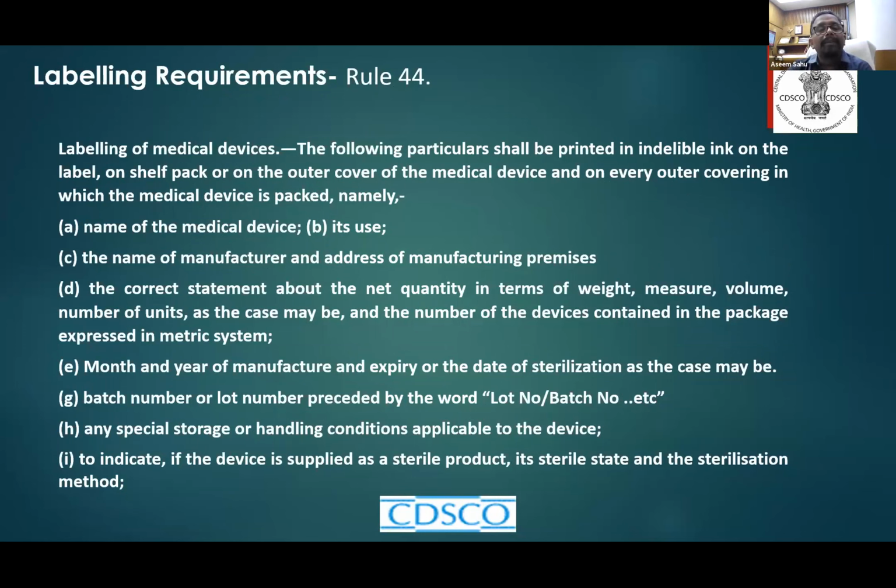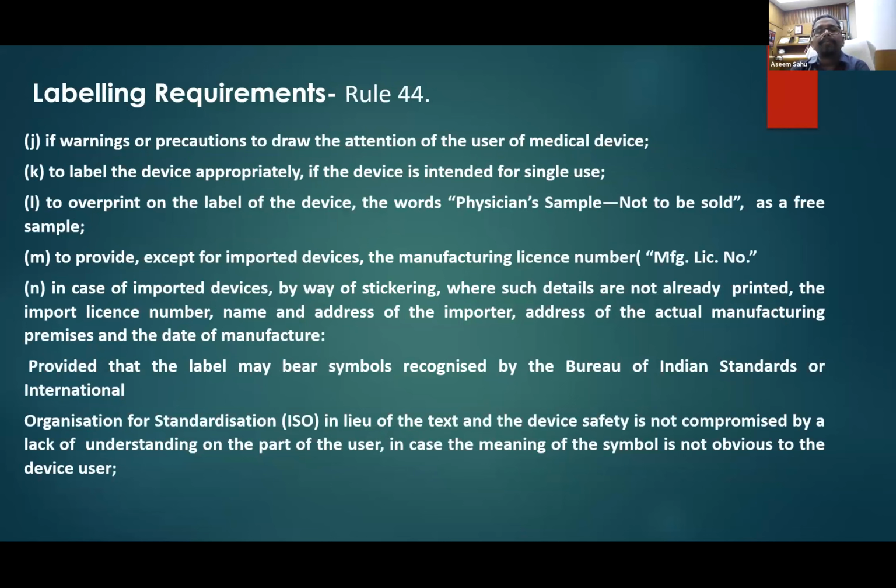The detailed information includes the name of the device, name of the manufacturer, statement about the quantity, date of expiry, date of manufacturing, batch number, storage condition if applicable, whether it is supplied sterile or non-sterile, and whether it is supplied as a physician sample.